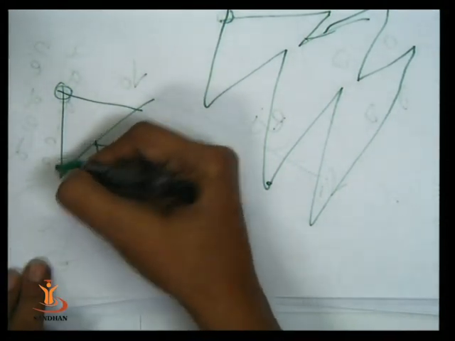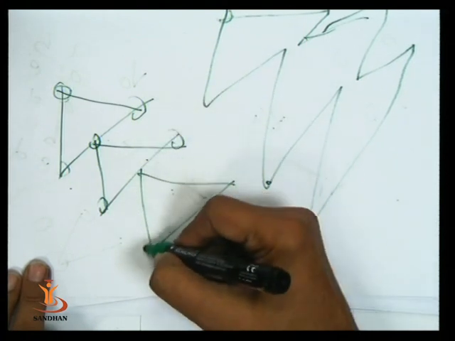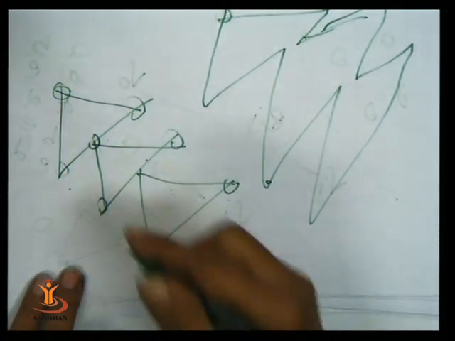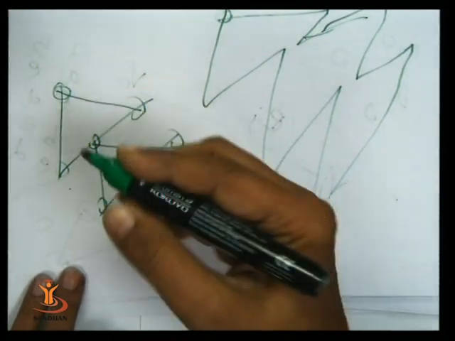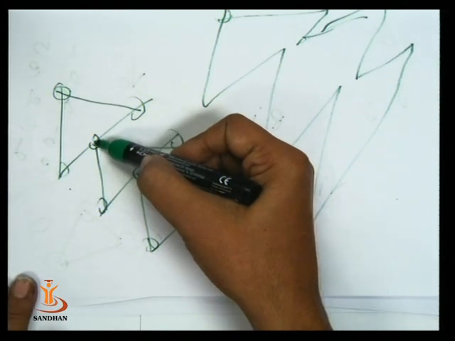The degree of this vertex is also 2. These vertices are of degree 2. Now what is the degree of these two vertices?